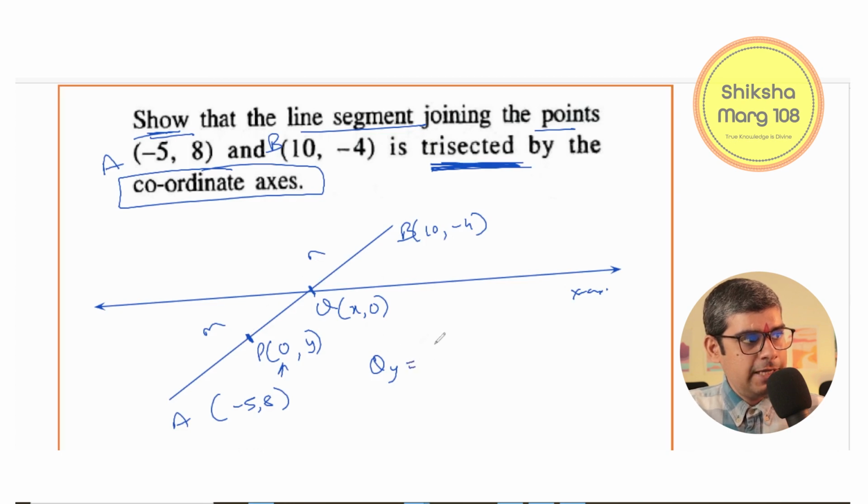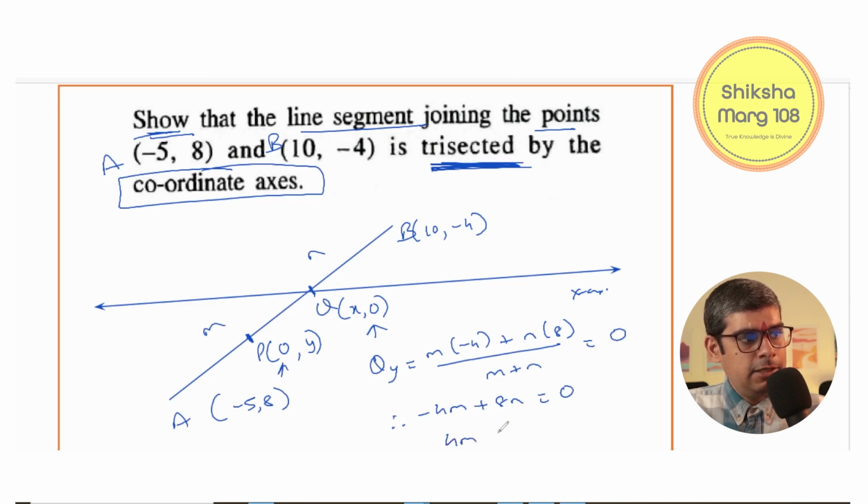So Qy equals m times minus 4 plus n times 8, the whole upon m plus n, and the Qy value happens to be obviously 0. So therefore minus 4m plus 8n equals m plus n times 0, which is 0. 4m goes over there, becomes positive 4m, and equals 8n.